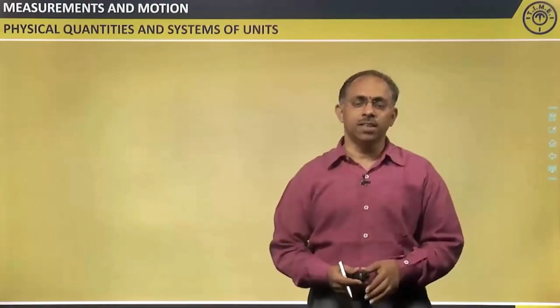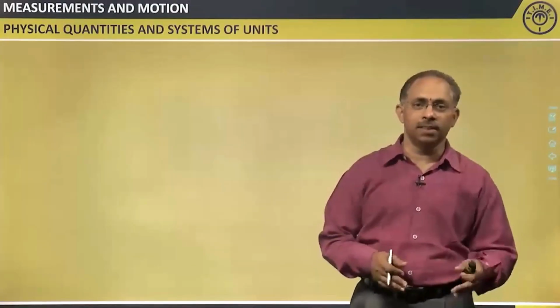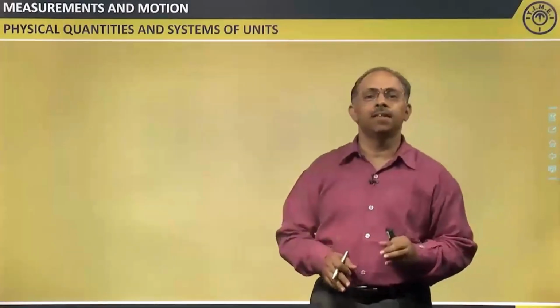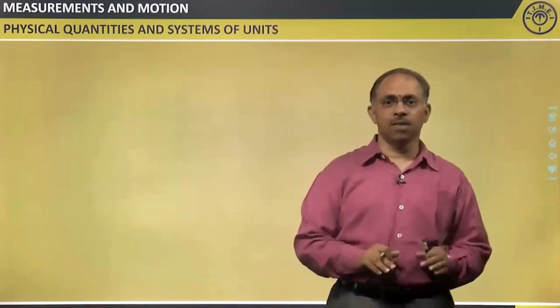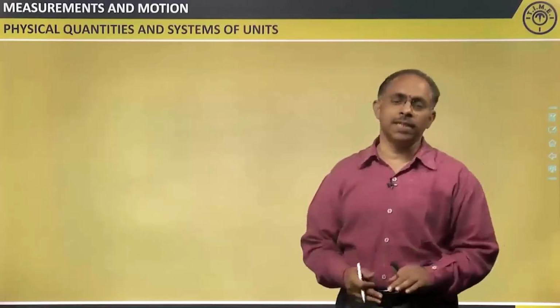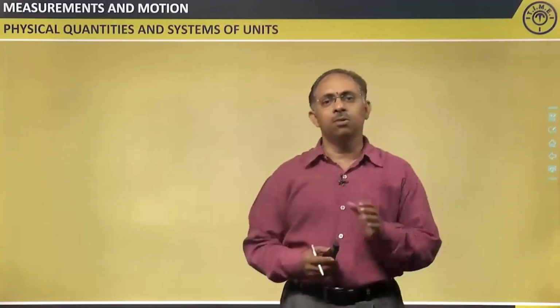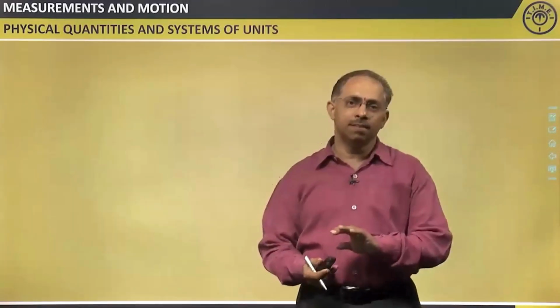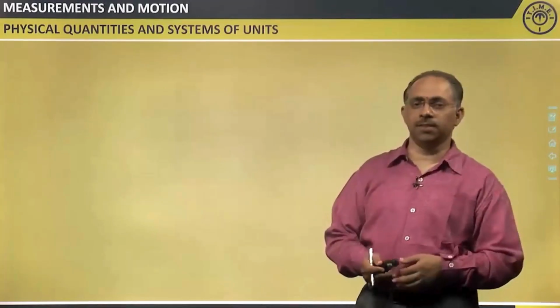Students, we know that fundamental physical quantities are the quantities whose measurement does not depend on the measurement of other physical quantities, and derived physical quantities are those whose measurement depends on the measurement of other physical quantities.